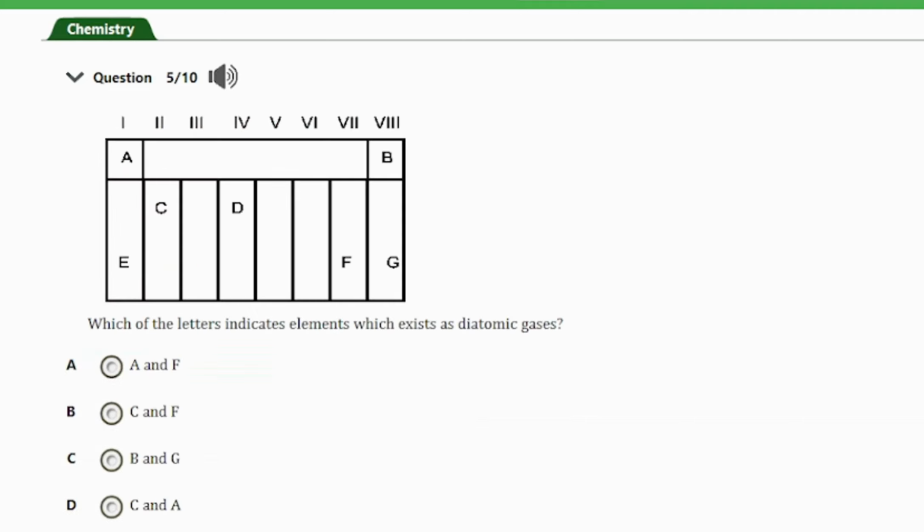Question number 5. It says, which of the letters indicates elements which exist as diatomic gases?